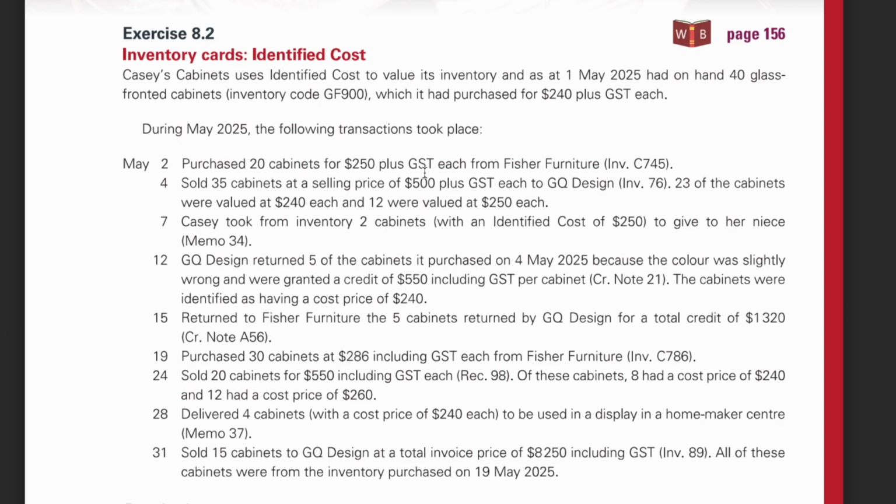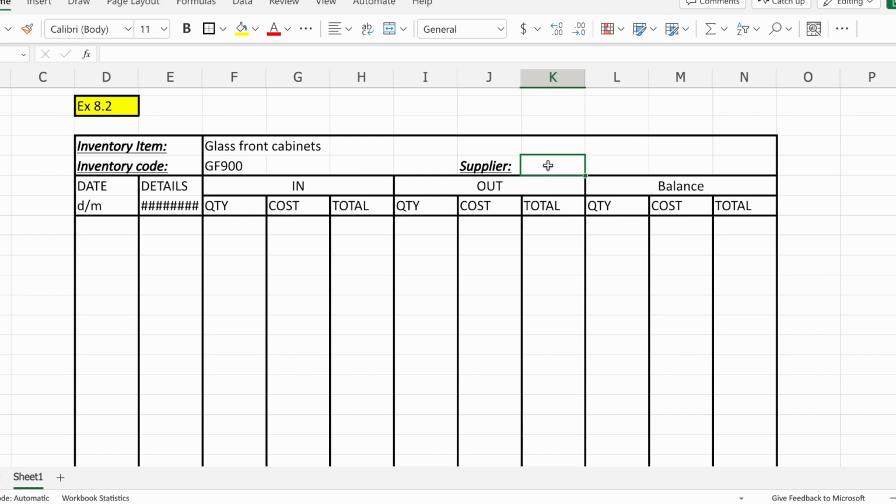Then the supplier: if you go through this information, we have been given that the supplier is Pine Products. Alright, let's start off.